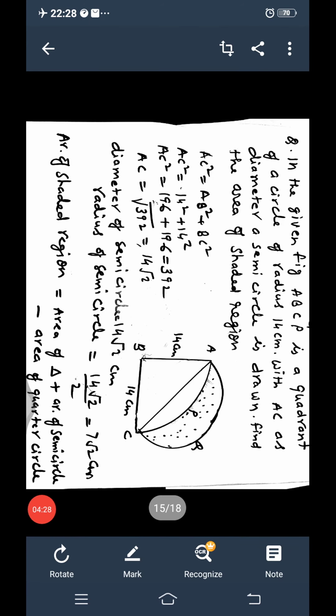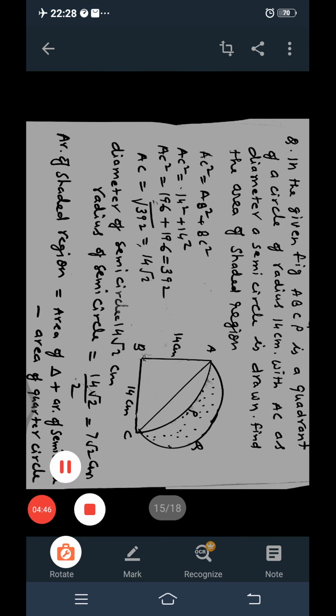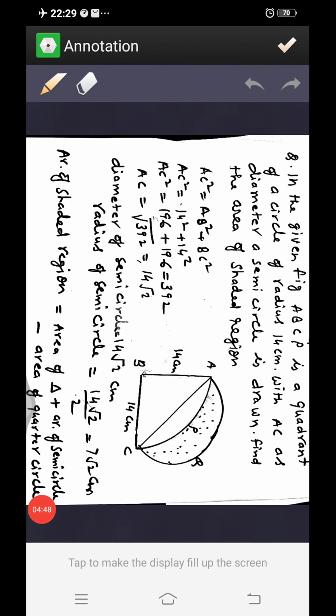Let's take one more question. In the given figure, ABCP is a quadrant of a circle of radius 14 centimeter. With AC as diameter, a semicircle is drawn. Find the area of shaded region. So here in the figure, this is given 14, this is also given 14, this angle is 90 degree.